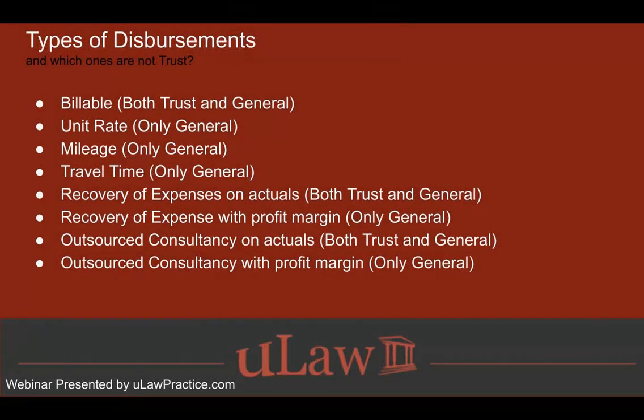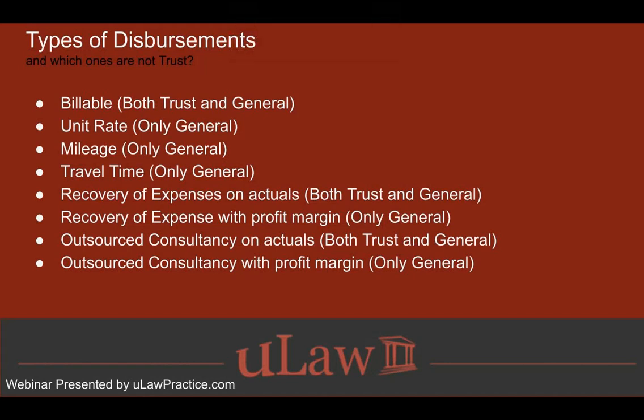If it's a unit rate, which is, let's say, photocopies, mileage for gas, and travel time, all of these are only general. Whereas anything with recovery of expenses on actuals, you can use both trust and general. Anything with recovery of expenses with profit margin, you could use only the general account. So anytime there is a profit margin included, it's only the general account.